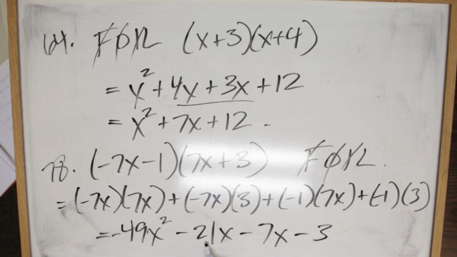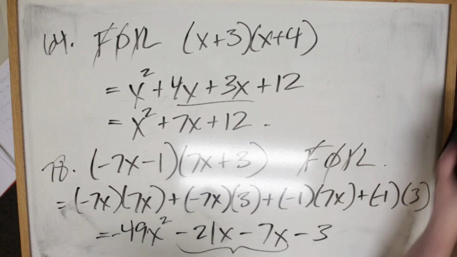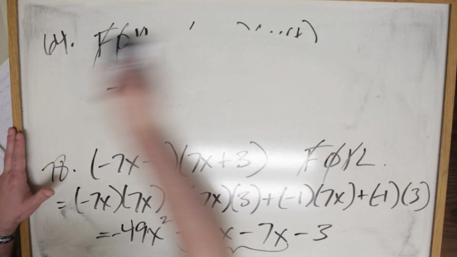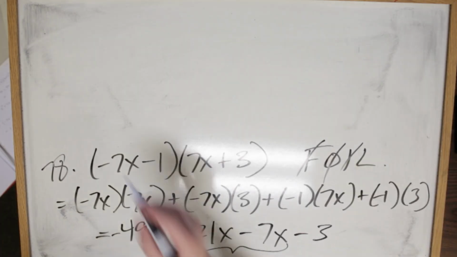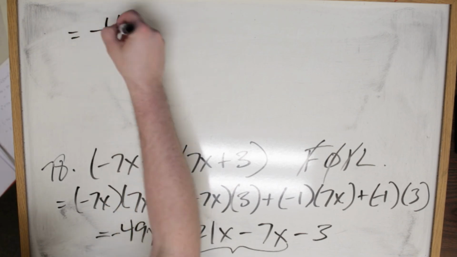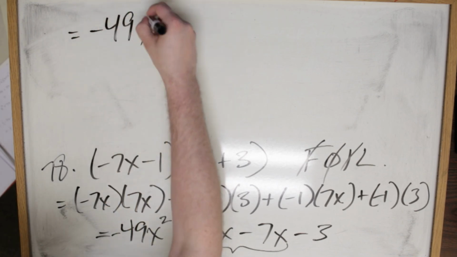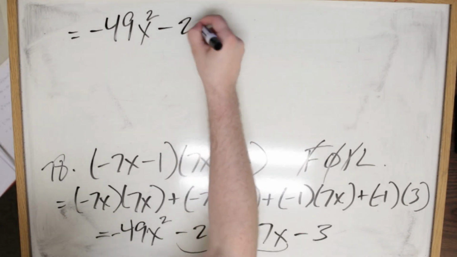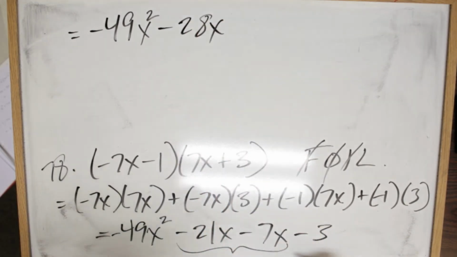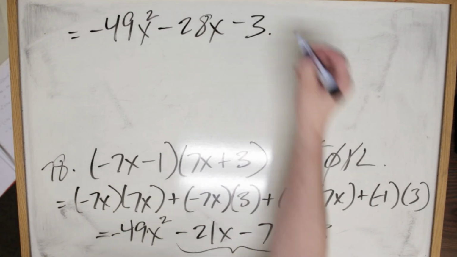I just have to combine these terms. I ran out of space, so I'm going to move it up here and erase this. Minus 21 minus 7 is going to be, well, let's first write the first piece: minus 49x squared. Minus 21x minus 7x is minus 28x. And then minus 3 is my last piece right there.